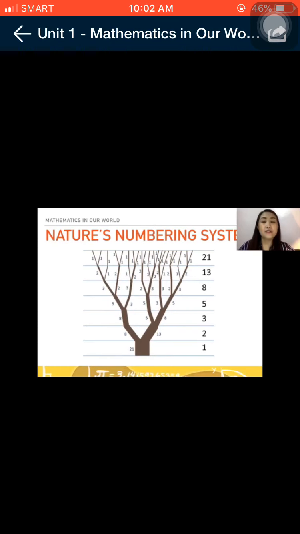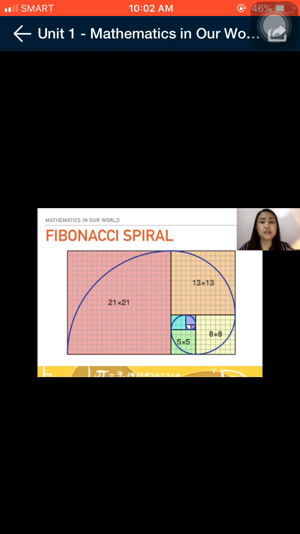Another application of the Fibonacci numbers is what we call the Fibonacci spiral. So what we do is we start with a small 1 by 1 square, as you can see, the smallest square, the white square. Okay, and then we extend that to another 1 by 1 square.